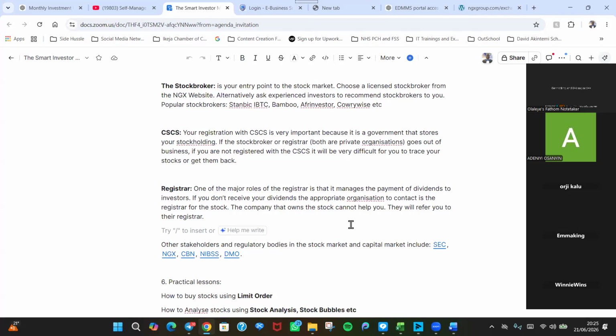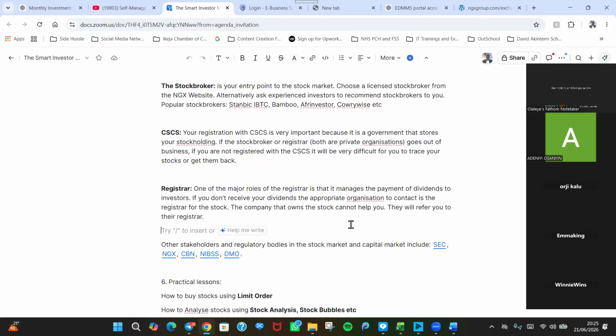assets. Another class of asset is the money market fund, or mutual fund, as they are usually called. Can anyone give me examples of assets inside the money market? Federal government savings bond. Yes, that's one. Any other one?